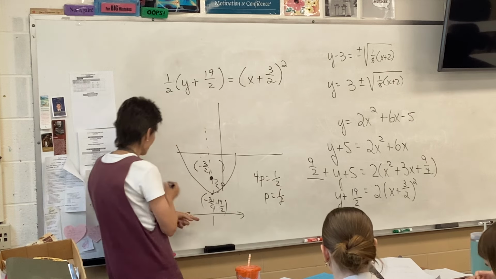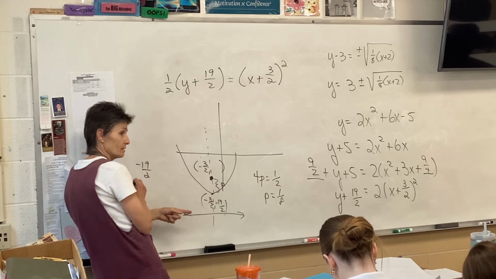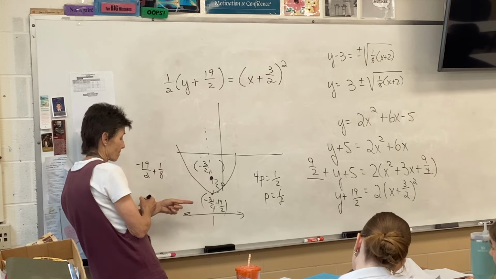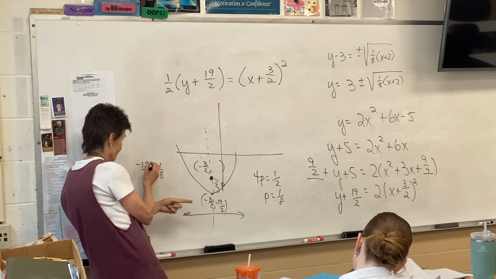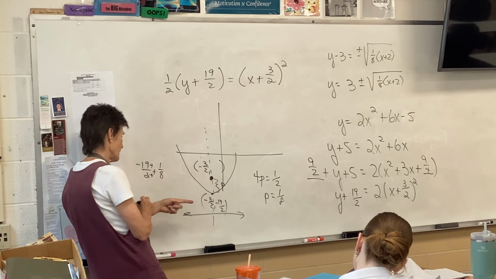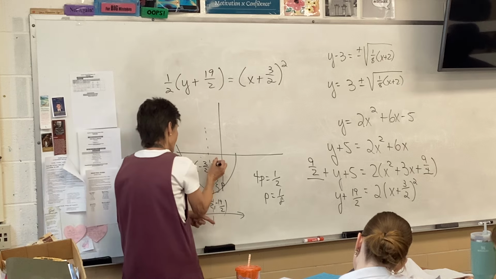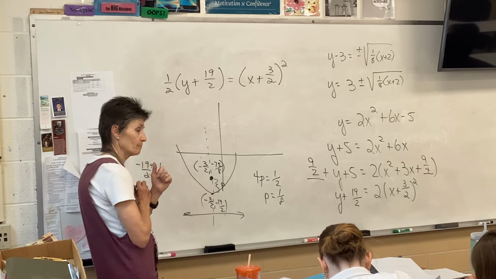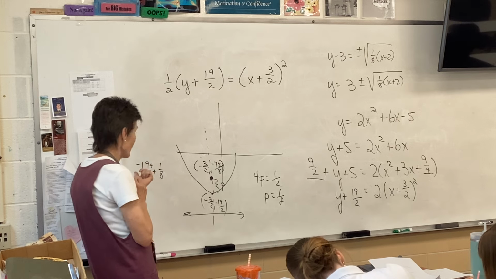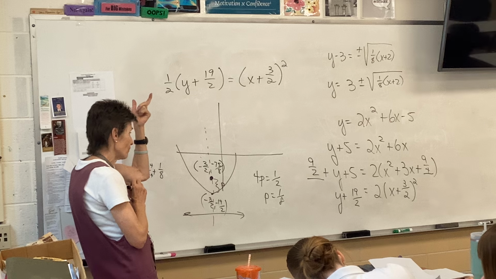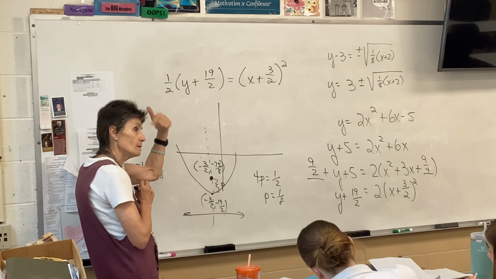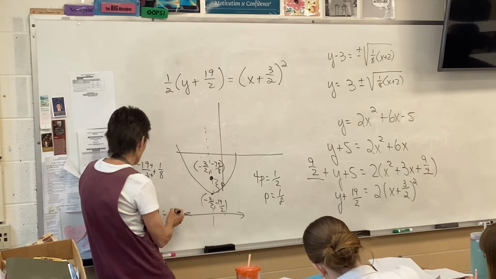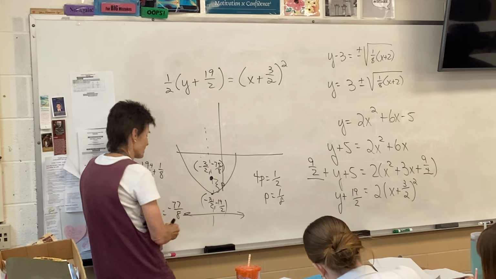So if we start at -19 halves and go up 1/8, -75/8. Check my arithmetic, is that what you got? And if you went up 1/8 to get your focus, then you're going to go down 1/8. So this is going to be y equals -77/8.